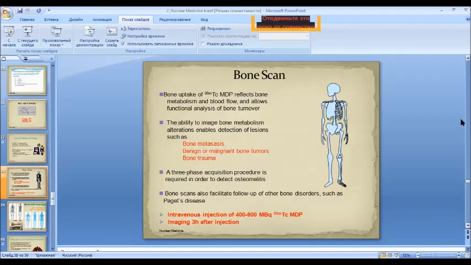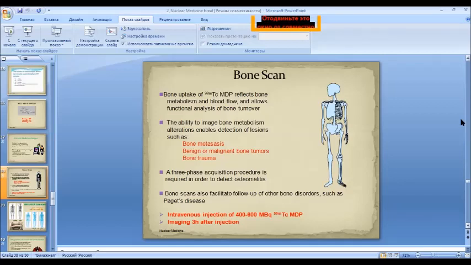The ability to image bone metabolism alteration enables detection of lesions such as, first of all, very important, bone metastasis, to provide differential diagnostics of benign or malignant bone tumors, or also to search for sites of bone trauma, acute or in the past.